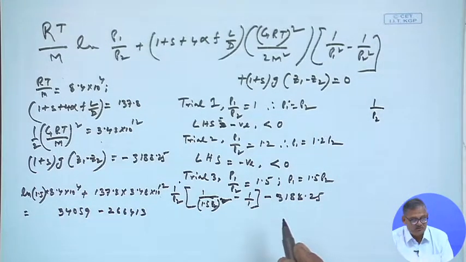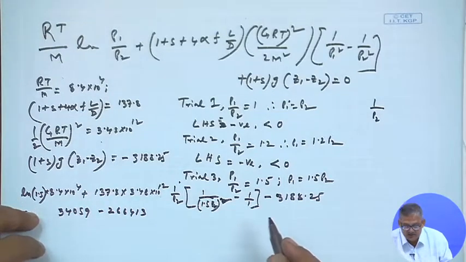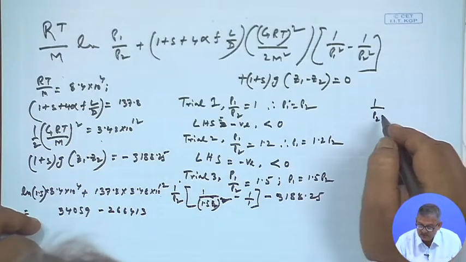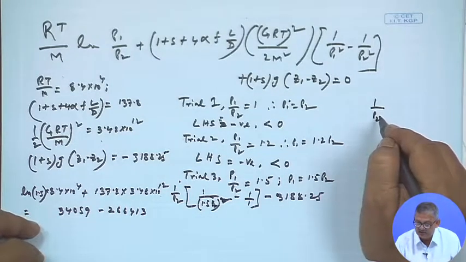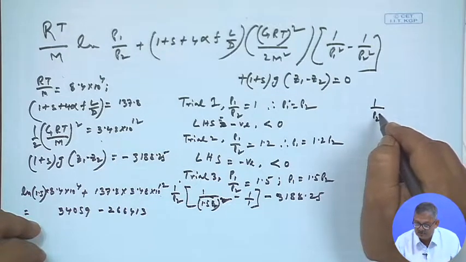And if we take 1 atmosphere, 101325 Pascal, so that has to be taken. Then only this number will come so low.